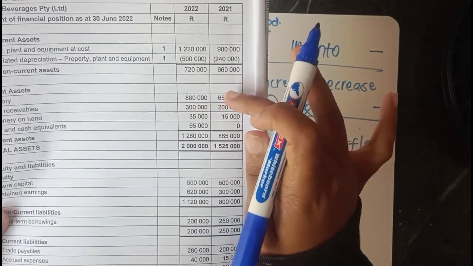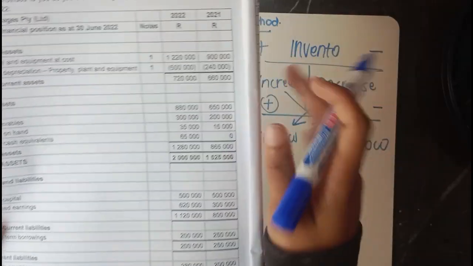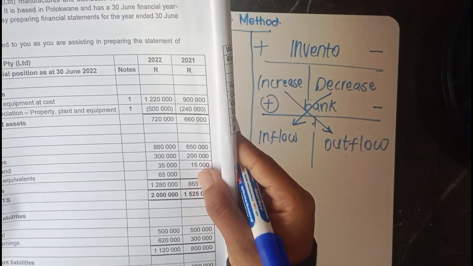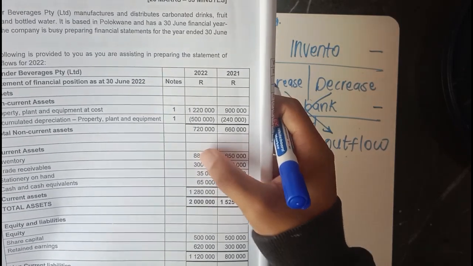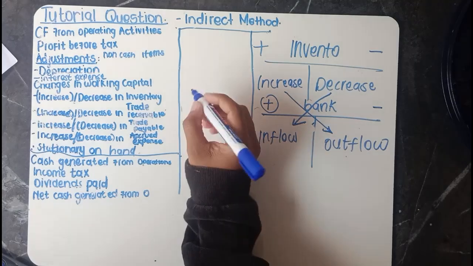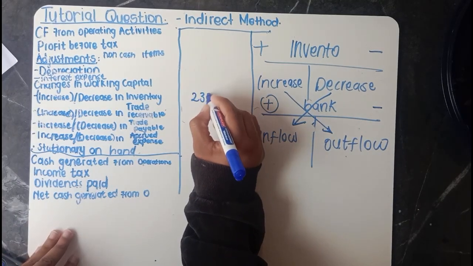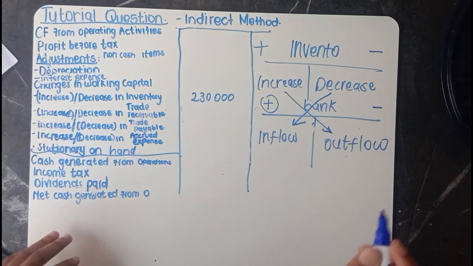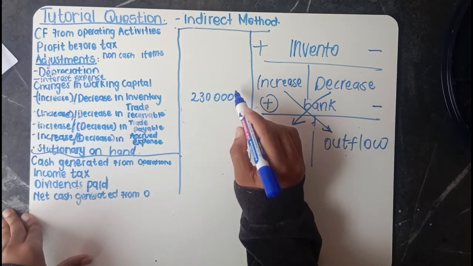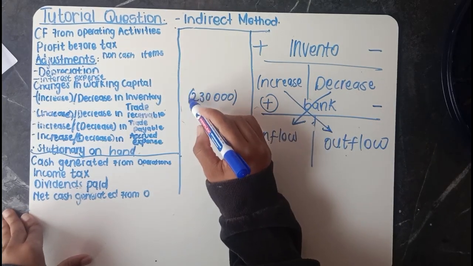Inventories went from 650 to 880. We have an increase, meaning we're going to have 230 as the difference of these two. You're going to calculate it and get 230.